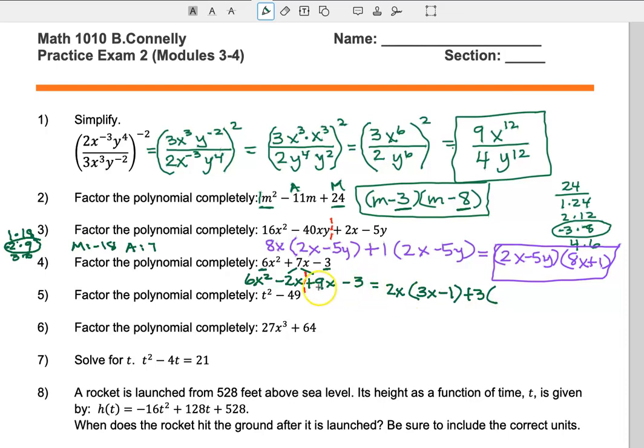And when we divide each of these by positive 3, we're left with 3x minus 1. Okay, and again, we can see that's my greatest common factor, so that goes in one parenthesis. And then 2x plus 3 goes in the other one. And that is my answer.